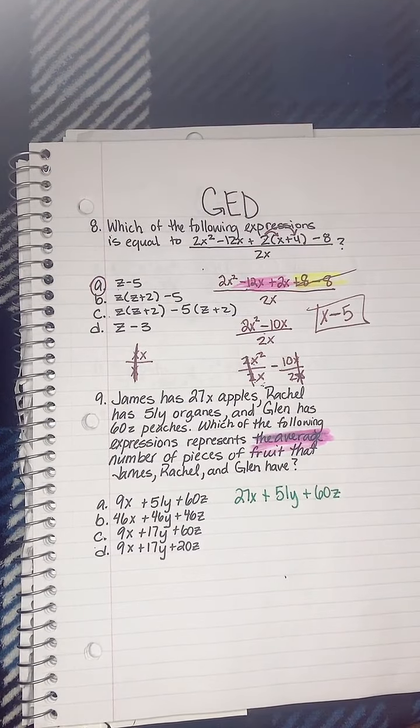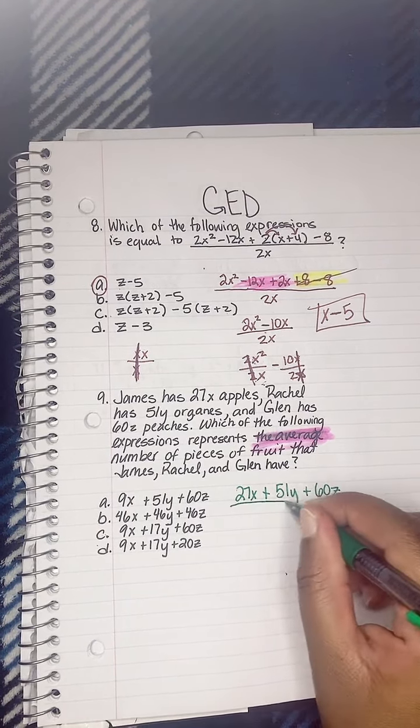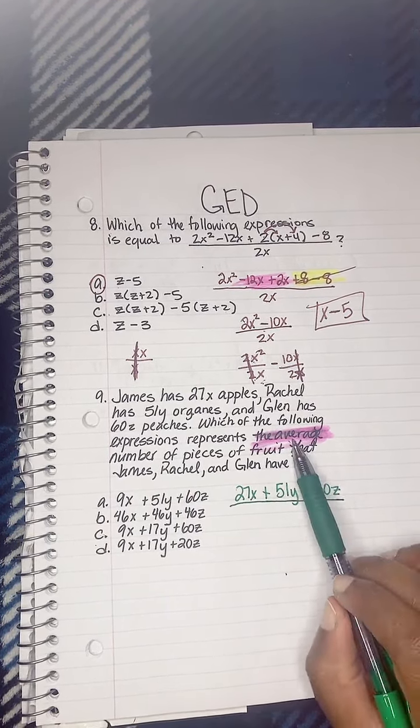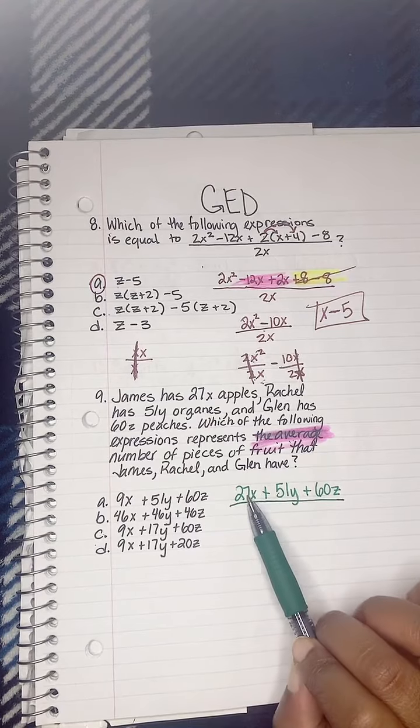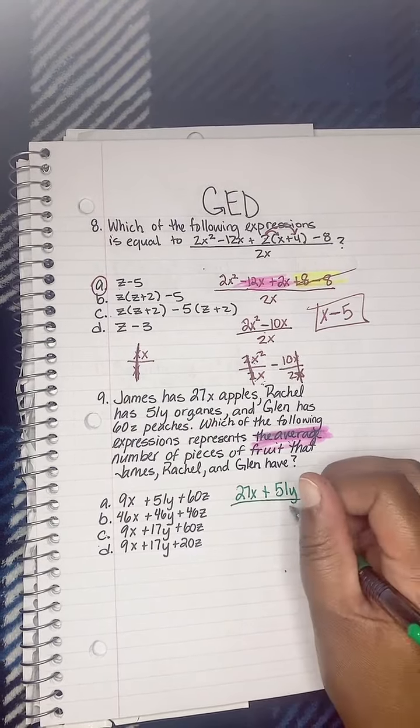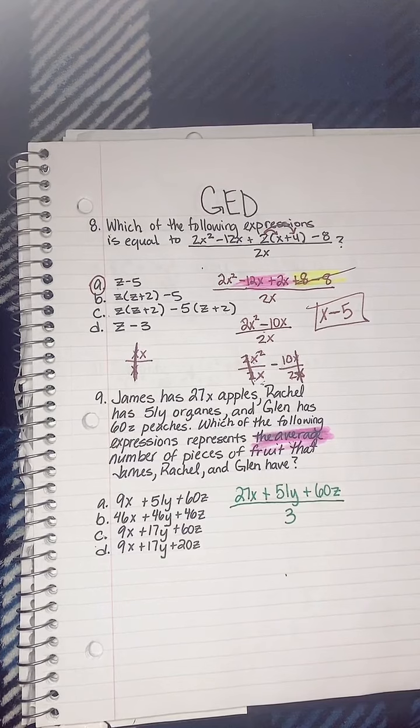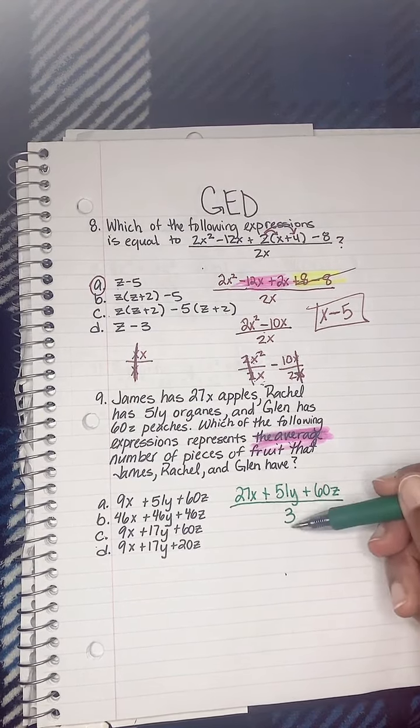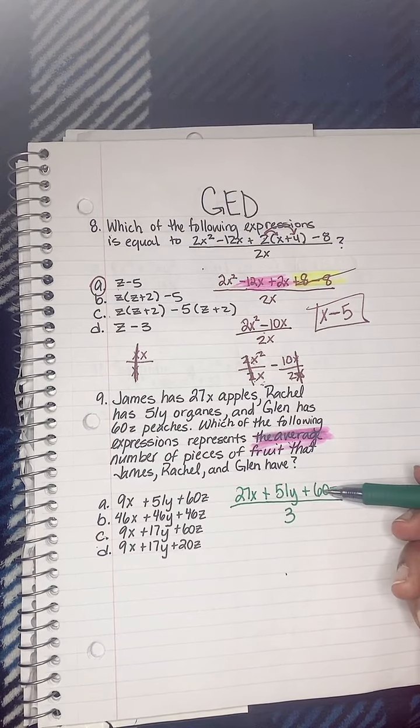But what most people forget is to divide by how many things you added. Well, we're adding 1, 2, 3. So we must divide this by 3.